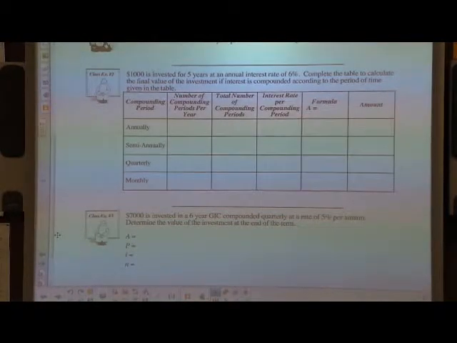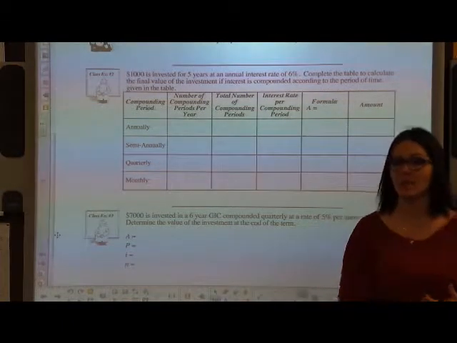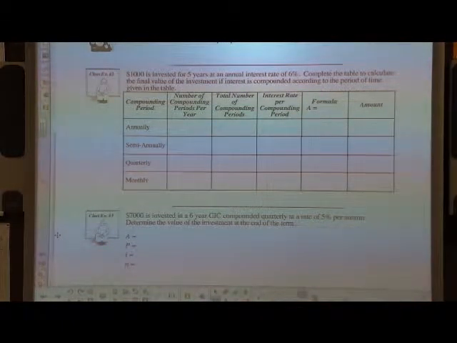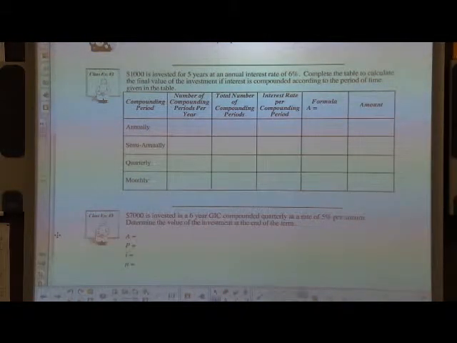Let's look at this chart, because it really shows the difference between the different compounding periods. In this question we have $1,000. We're investing it for 5 years, and the annual interest rate is 6%. We're going to look at the table of values to see under which circumstances we can gain more money.